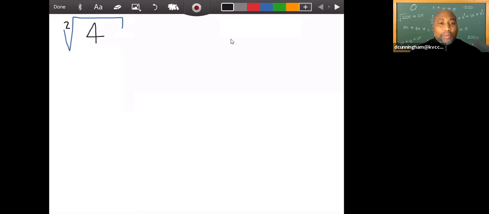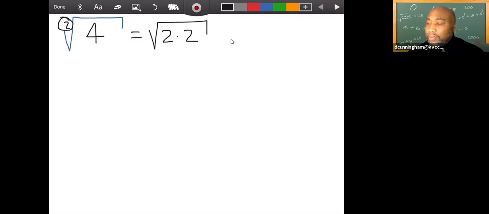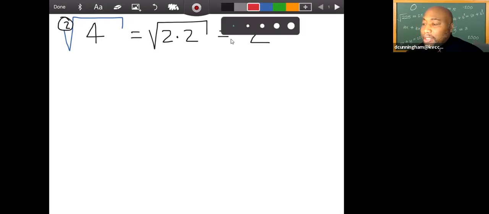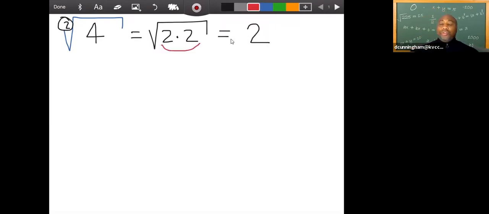What 2 numbers, they have to be the same 2 numbers you multiply, will give you 4? And why are we looking at 2? Because we have our 2 up here. So another way of looking at it is 2 times 2 equals 4. That's inside. And so my answer here, the square root of 4 is 2. What you're basically doing is taking out every 2 numbers that are the same. You take it out of the radical.